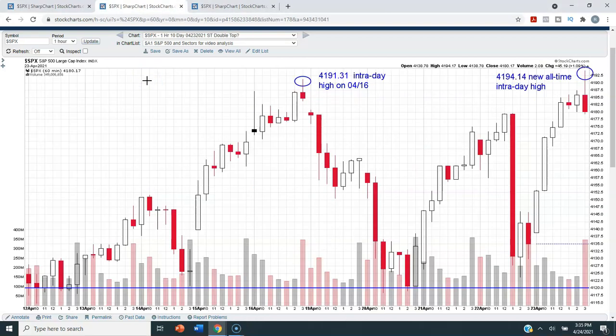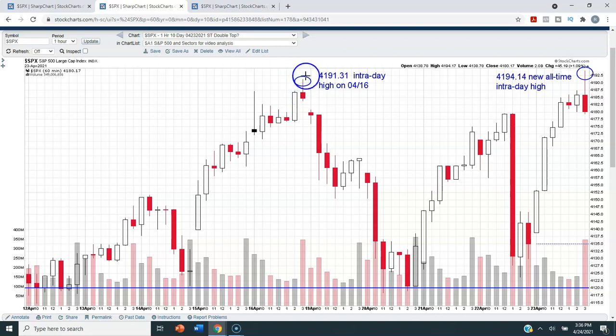The next chart that we're going to look at is an hourly candlestick chart of the S&P 500 that focuses on the last 2 weeks. So this chart starts on Monday, April 12th, and of course goes through Friday, April 23rd. The thing that really stands out to me on the hourly charts when we look at just the last couple of weeks is this pattern here, where on Friday the 16th, during the last hour of trading, the market peaked and then made an intra-hour, if you will, reversal, right?